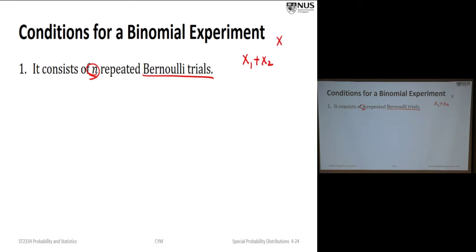If x1 is a Bernoulli with probability p, and x2 is a Bernoulli with probability p, then x1 plus x2, can I write it as 2 times x1? Because they are of the same distribution, can I do it like that?